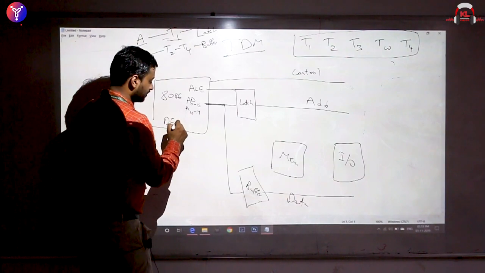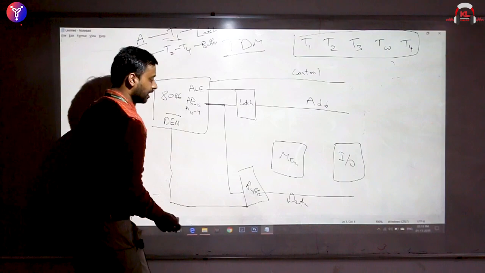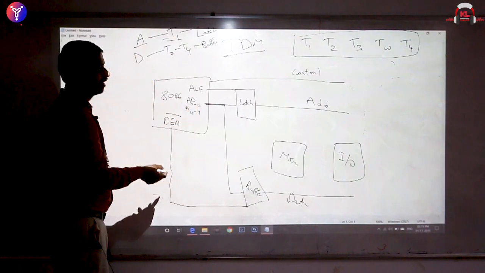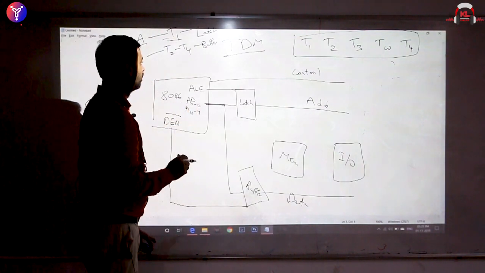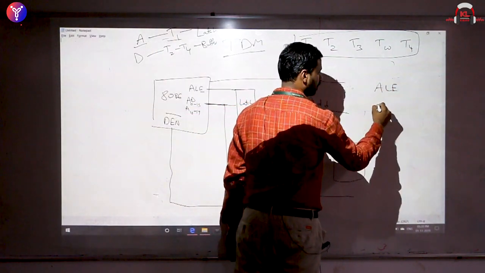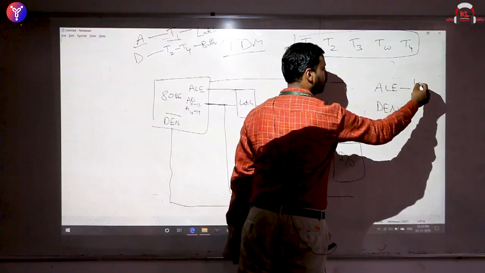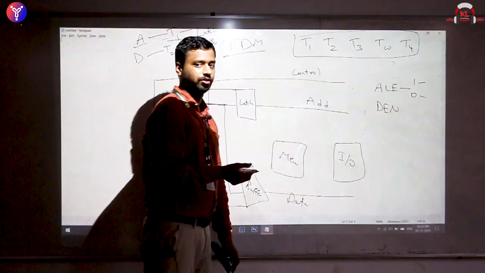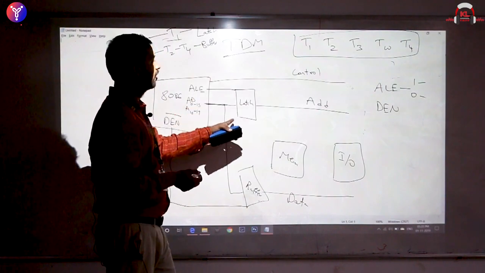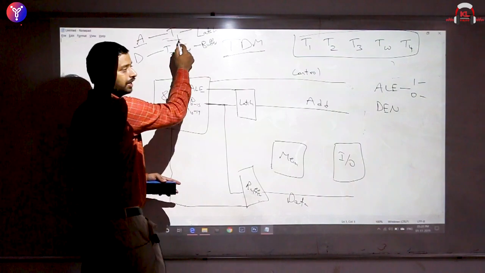Similarly, data is enabled by DEN bar, data enable. So address latch enable and data enable are a couple of important signals. ALE should be 1 whenever we want the address to go out. When do we want the address to go out? During the T1 cycle.